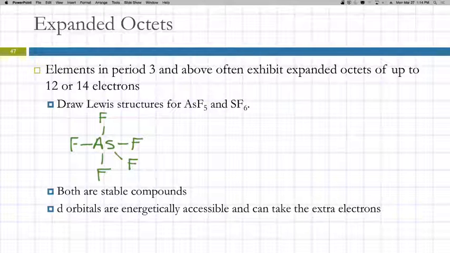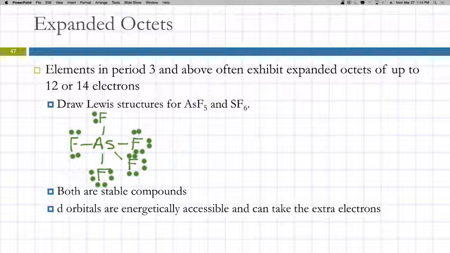They each have 7. 5 times 7 is 35. Arsenic has 5, so 40. Did I do that right? 2, 4, 6, 8, 10, 12, 14, 16, 18, 20, 22, 24, 26, 28, 30, 32, 34, 36, 38, 40. Like, that's a mess. Yeah, it is.